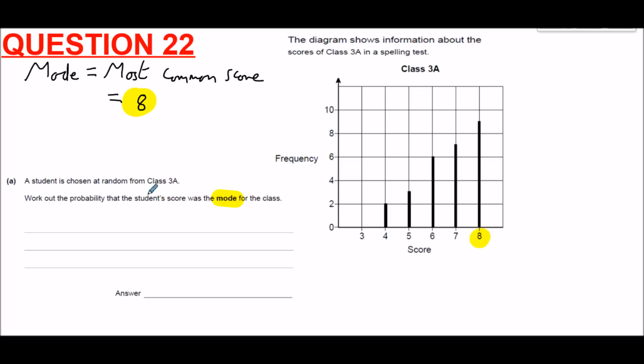Now, what we need to do as well to work out the probability that the student chosen at random scored the mode is work out the total number of students altogether. So some students scored 3, some students scored a 4, 2 students scored 4. So for total number of students, we can calculate here. So 2 students scored 4.